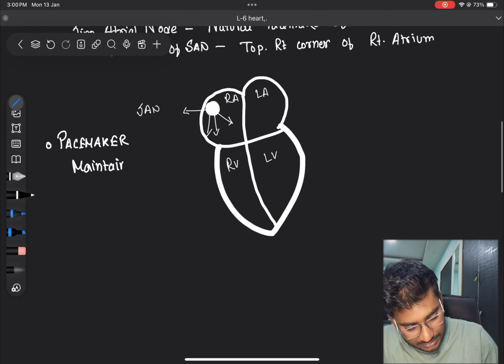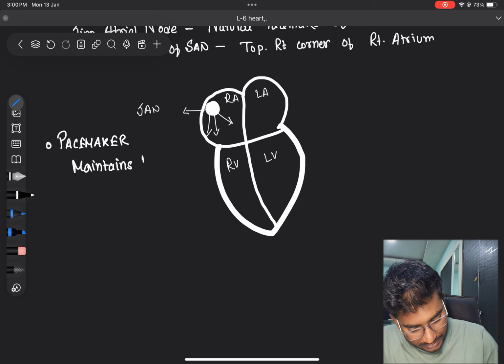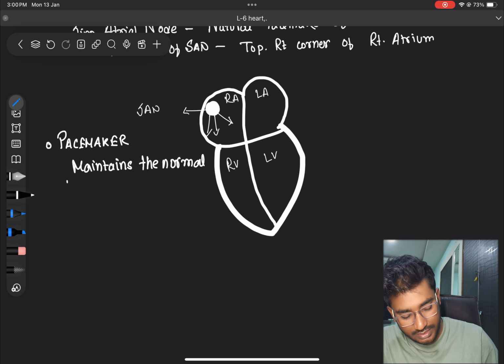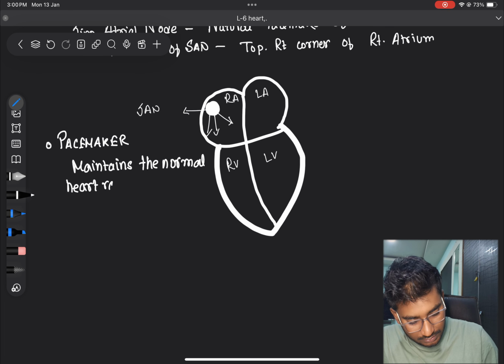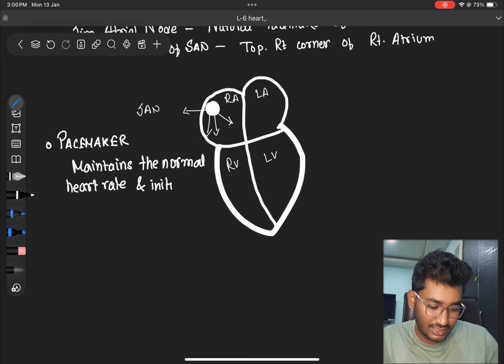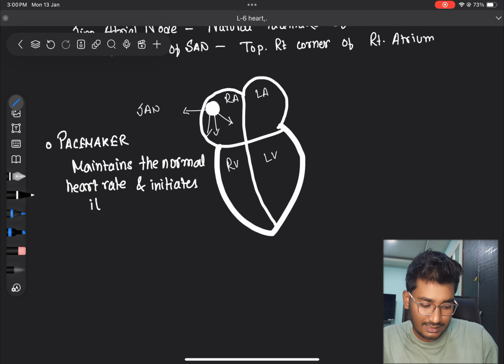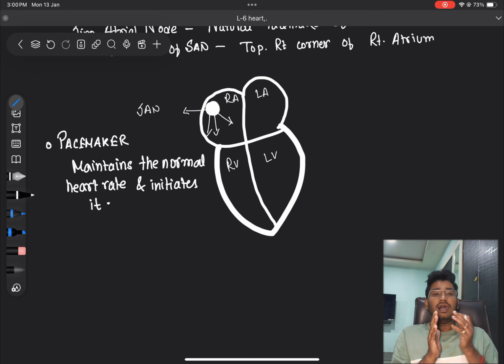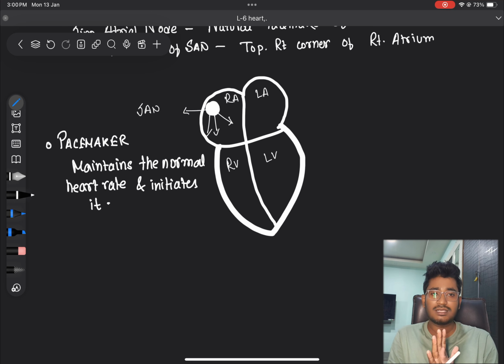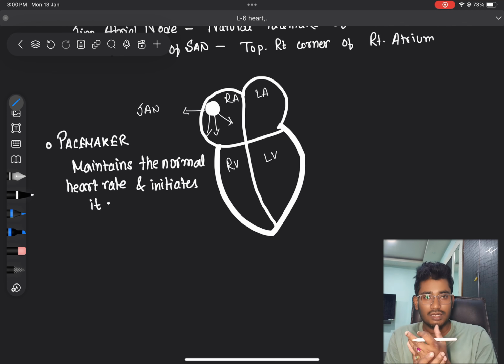It maintains the normal heart rate or the rhythm of the heart, and it also initiates the beat. Our heart is called myogenic because the heart itself has an auto-initiating organ, that is the sinoatrial node. It initiates the beat of the heart.